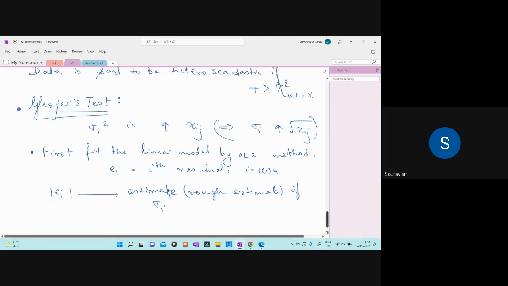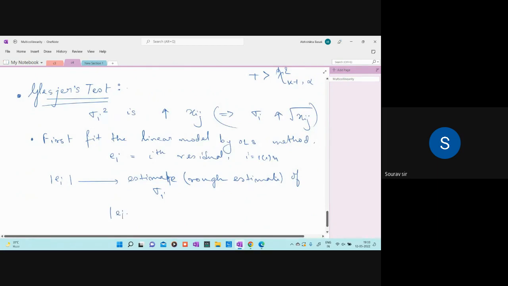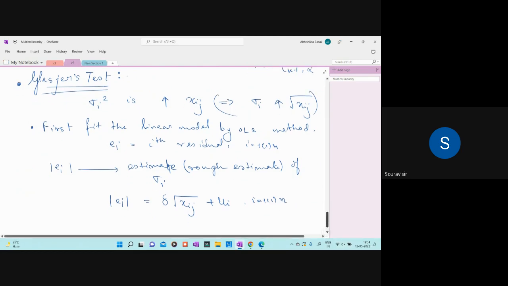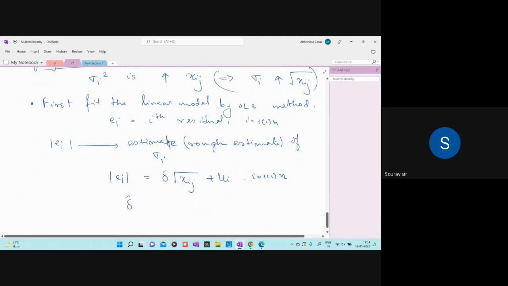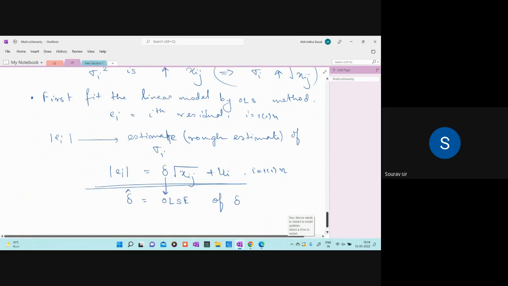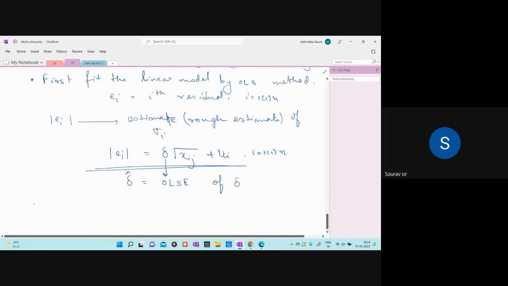So the formula is: mod of e_i equals delta times square root of x_ij plus u_i, where i runs from 1 to n. This is a model without an intercept, where delta hat is my OLSE, the ordinary least squares estimate of delta. So we need to fit this equation and find the estimate of delta by ordinary least squares. This is my first step.